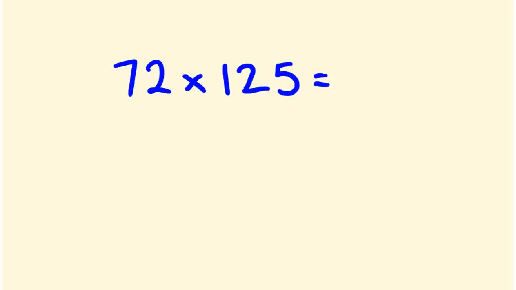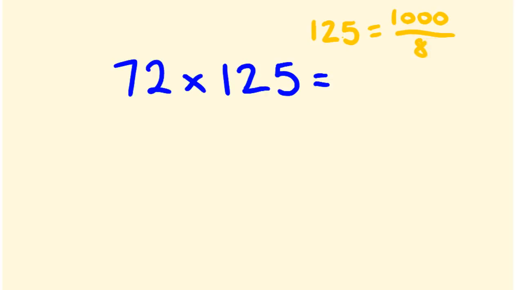Well, before we start on that, we might think of 125 as being 1,000 divided by 8. You can see that 125 is 5 times 5 times 5. 8 here is 2 times 2 times 2. There's a bit of a relationship there, so just keep that in mind.